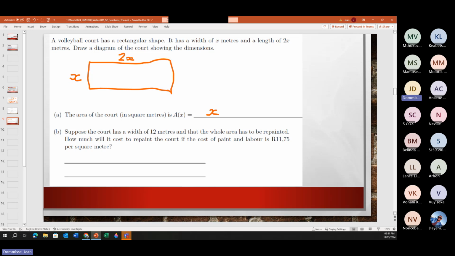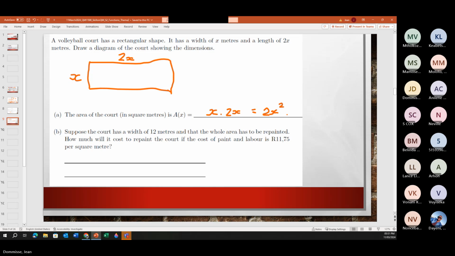The formula will be x times 2x. Depending on your answer set, you might even simplify that to get 2 times x to the power of 2.